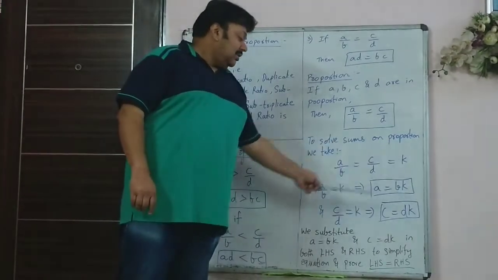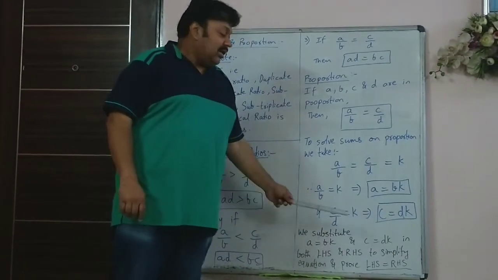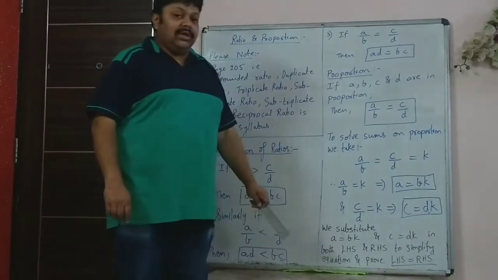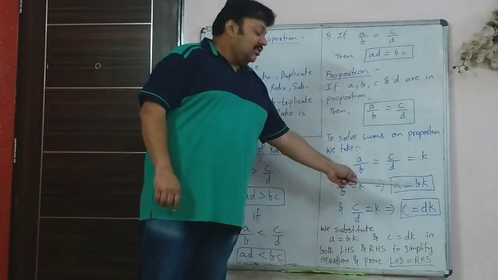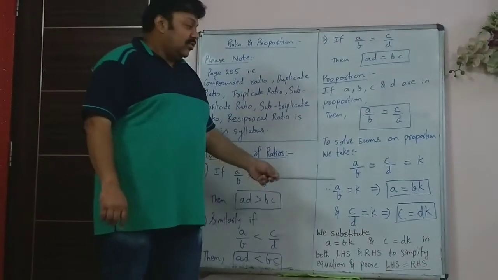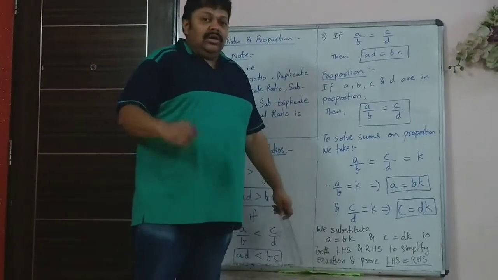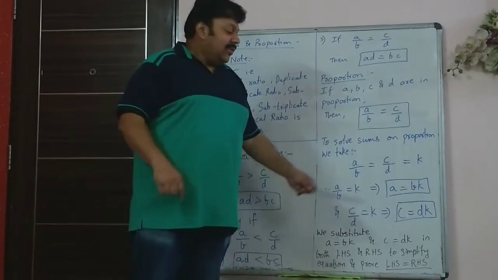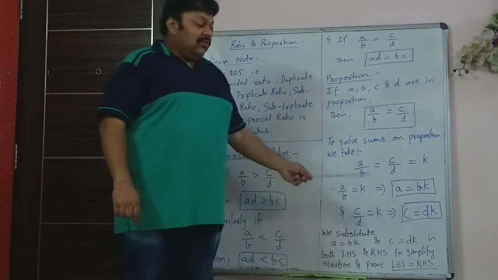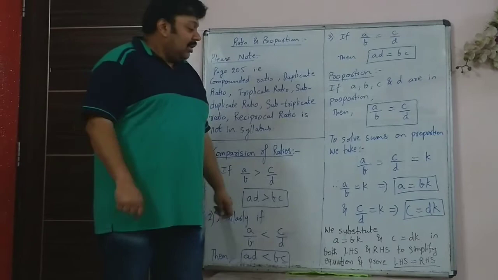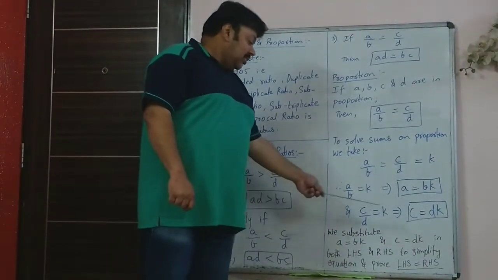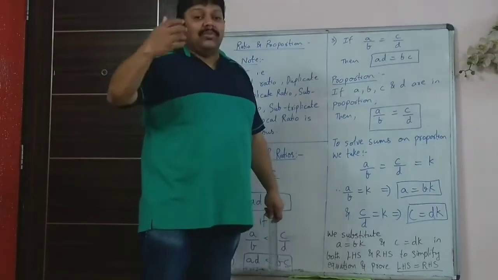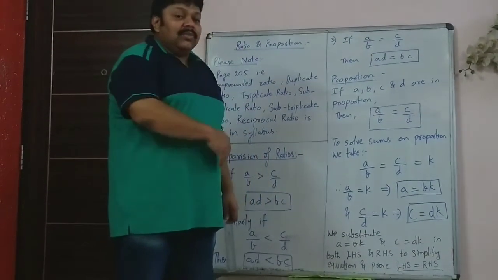And C by D is equal to K separately, and we can write C is equal to DK. These two terms we will substitute. In the LHS and RHS, wherever A and C come, we will substitute A is equal to BK and C is equal to DK. We will simplify that further and then prove that LHS is equal to RHS.